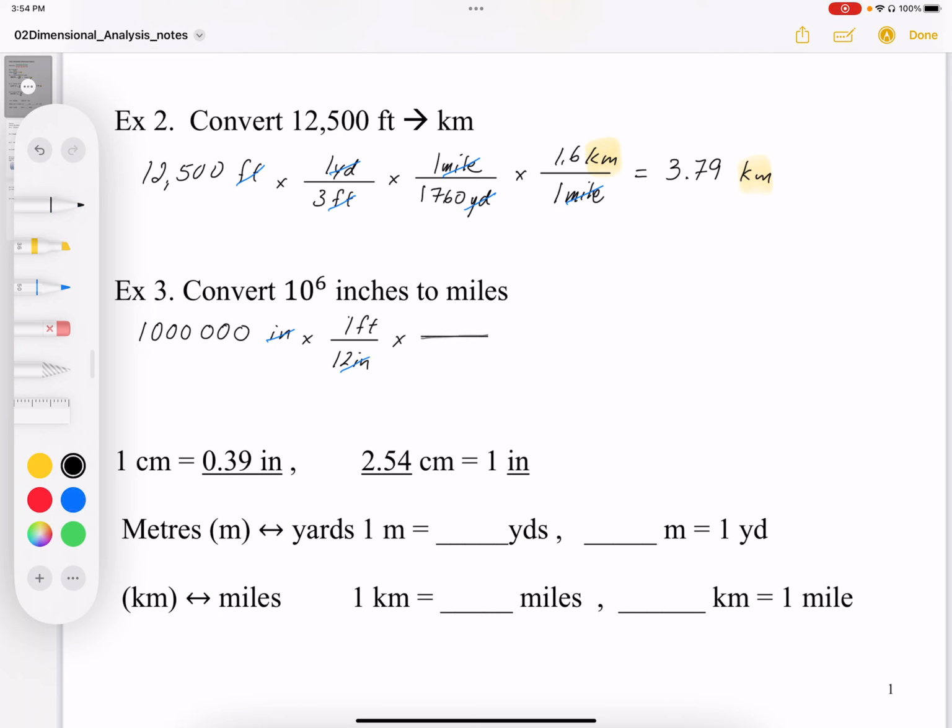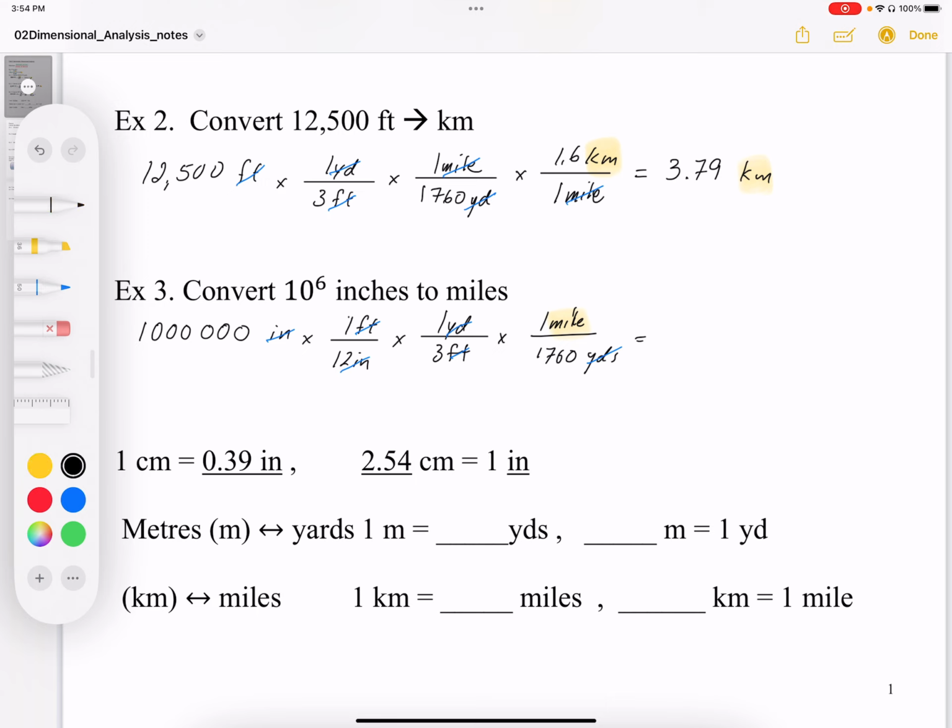Times, I'm going to have 1 mile is equal to 1,760 yards. So again, the yards are now going to cancel out. And then my final units are going to be in miles. Okay, so that's my final unit.